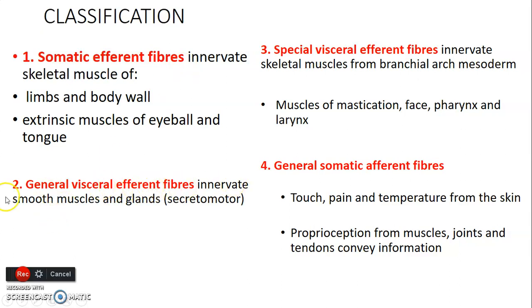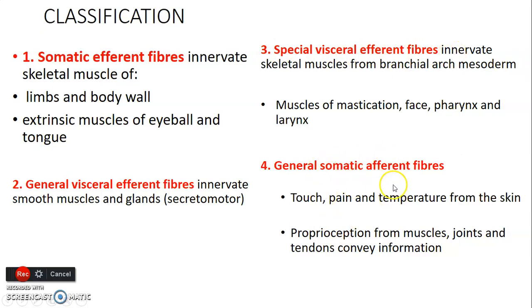They innervate smooth muscles and glands, which are secretomotor. Special visceral efferent innervate skeletal muscles from branchial arches. Remember, that's why they're special, from branchial arch mesoderm. These include muscles of mastication, the face, the pharynx, and the larynx. The nerves to these carry special visceral efferent information.